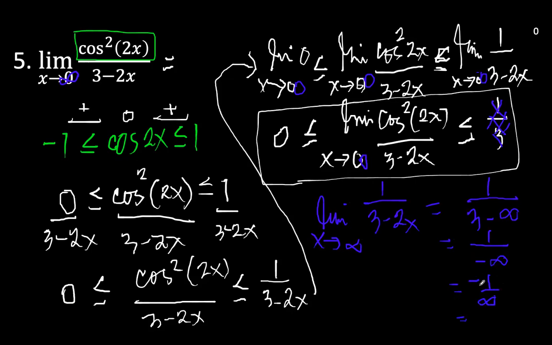As we express this in this form, 1 over infinity is 0, and negative 0 is just equal to 0, right? So therefore, this is equal to 0, and this is equal to 0. So the limit of cosine square of 2x over 3 minus 2x is sandwiched by the two values 0 and 0, which means that this is equal to 0.